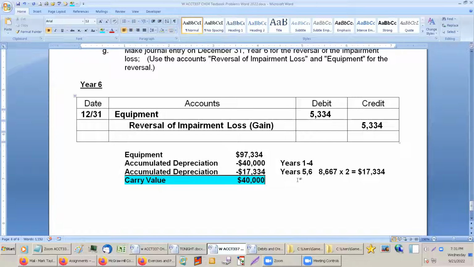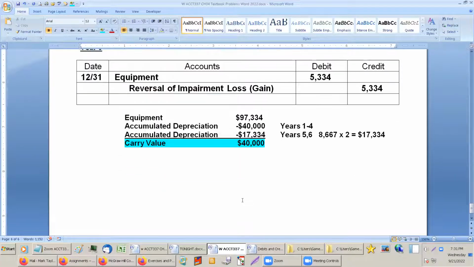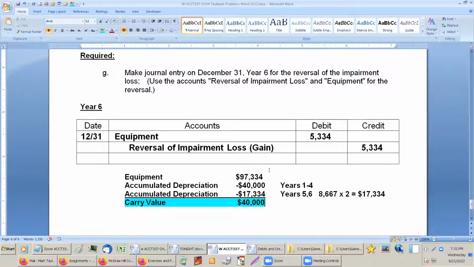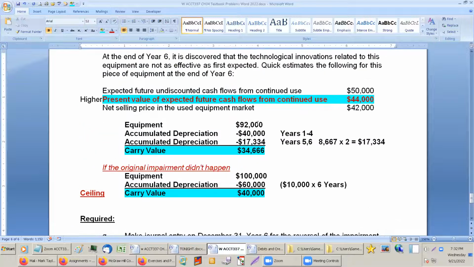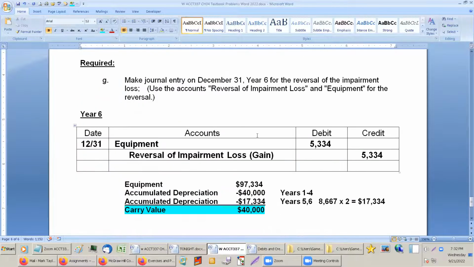And years 7, 8, 9, 10, unless something else happens to this poor piece of equipment, it should be the same. You know, 10,000 a year. Go back to 10,000 a year. Any question on this stuff? That's longer than I planned on taking on that, to be honest with you.